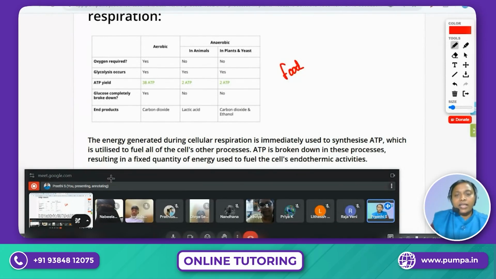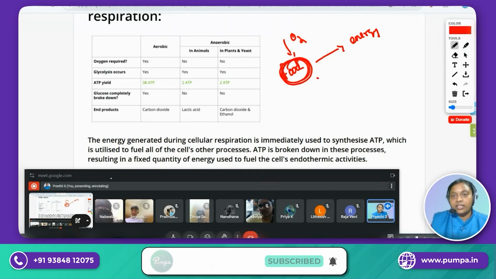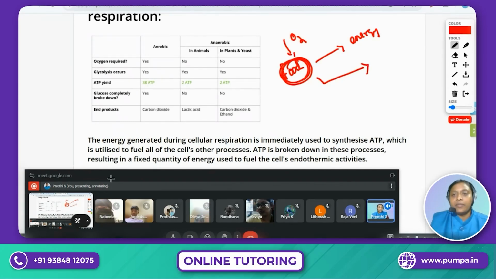So if we want to have the energy, what has to be done? We need the oxygen so that the food can be broken down properly, and however much energy is there in the food, it will be released.